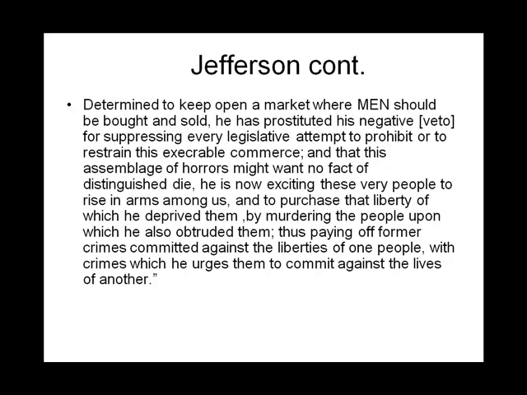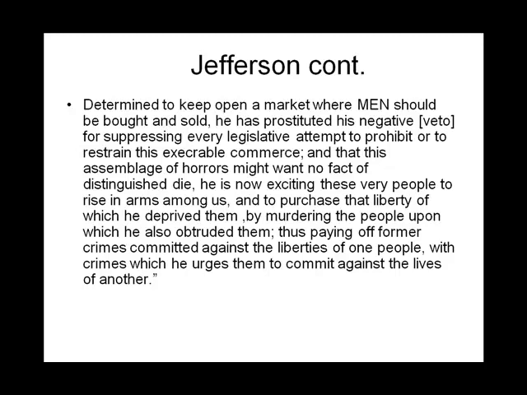To really understand this, I'm going to ask you to go back and pick it apart. What you have on this one frame is one sentence, which makes it a little difficult to understand. But if you pick it apart, you'll understand exactly what Jefferson is trying to do here. First of all, he says, "Determined to keep open a market where men should be bought and sold, he," meaning the king, "has prostituted his negative," or his veto.